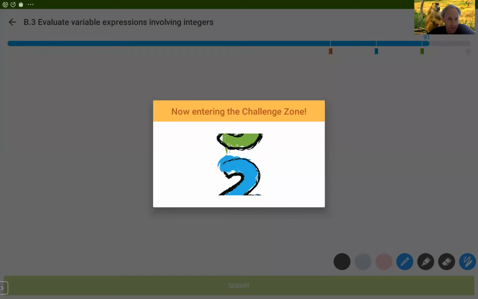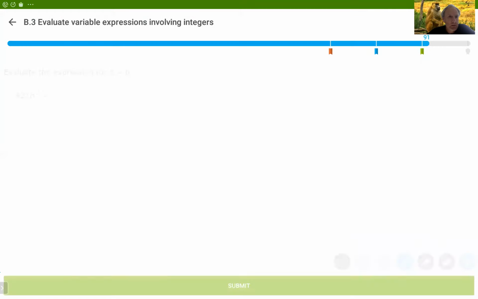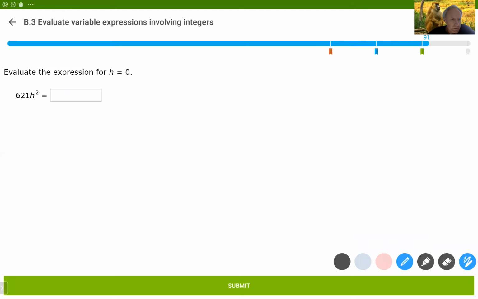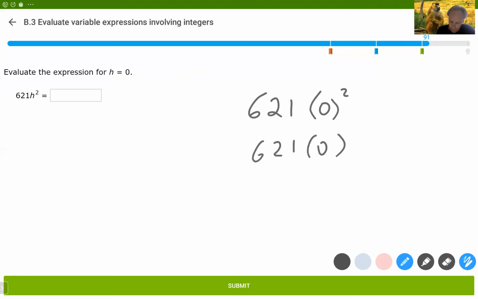Try and move it along here. 621 times h squared. Now that looks scary, but take a look. H is 0 squared, and the 0 gets squared, which is 0, times 621, which is 0.